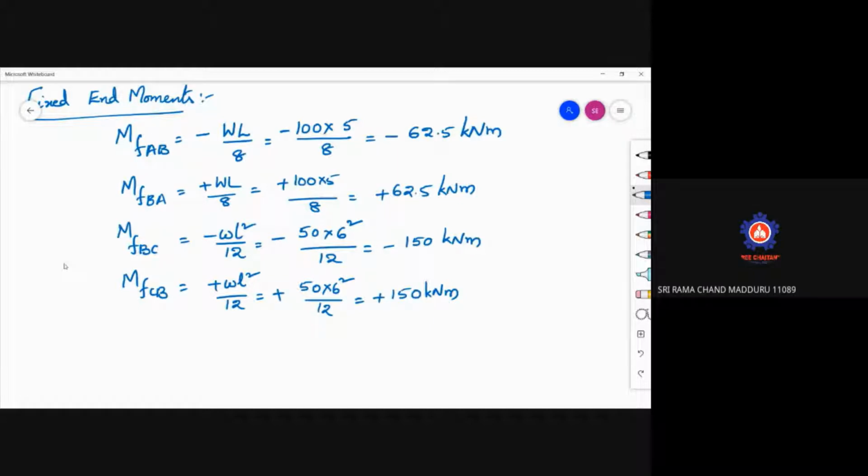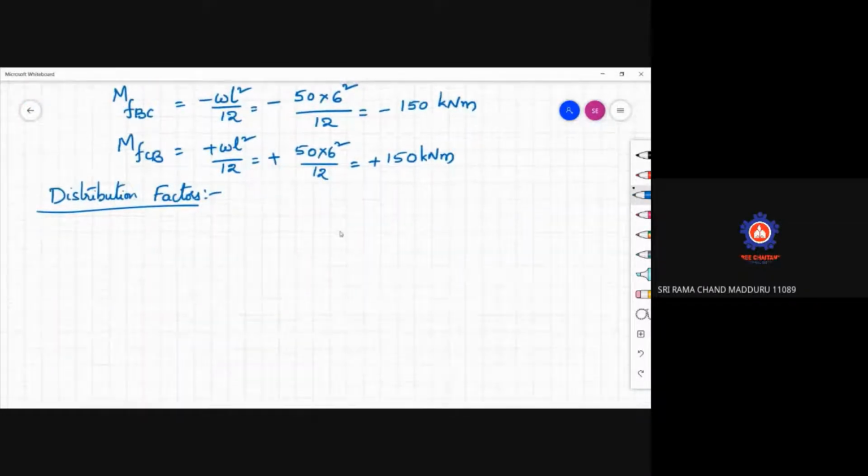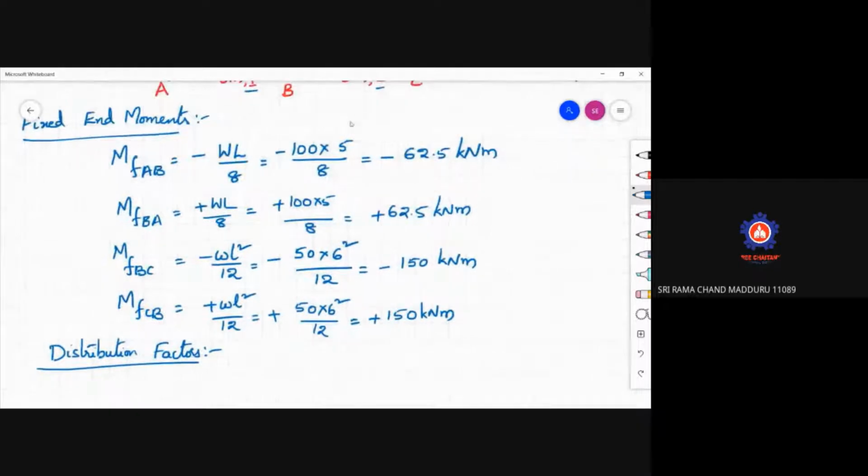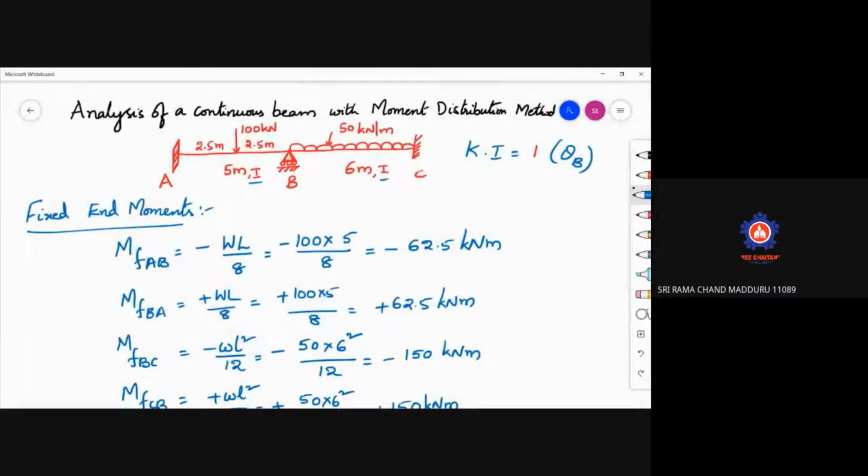So we will consider this as distribution factors. So this distribution factor, where you need to consider. So your beam is this one. In this one, wherever the joint is there you can consider the distribution factor.